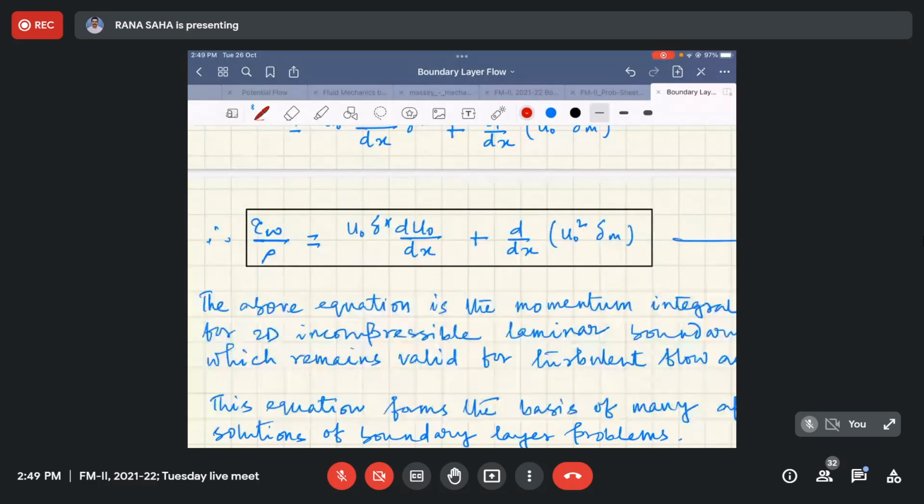Typically, it is maintained in the perspective of boundary layer flow as the velocity outside the boundary layer, which is U naught. So that is the free stream velocity if there is no boundary nearby. Okay, so that doesn't mean this U naught will remain constant. It will remain constant if you are having a flat plate over which flow is occurring.